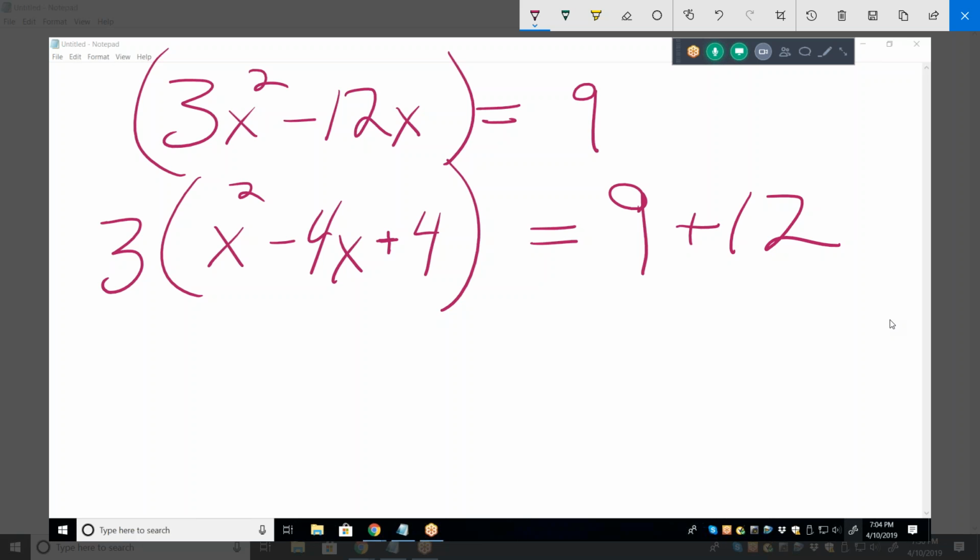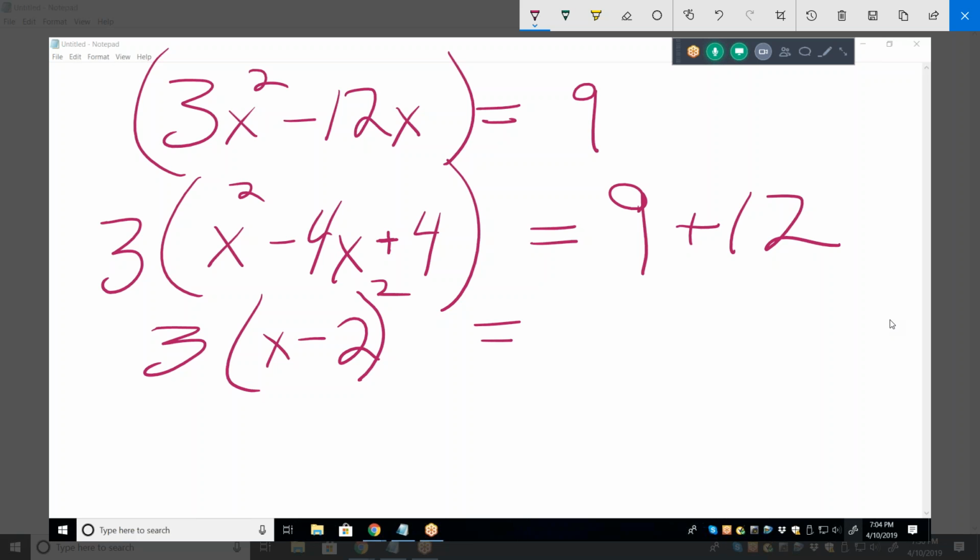Okay, next one. It would be 3 parentheses x squared... no, or x. Wait, what? Remember what you're doing. You're turning this into a linear term that we're going to square. Oh yeah, x. All right, so it's x minus 2 squared, and then it would be plus 4.